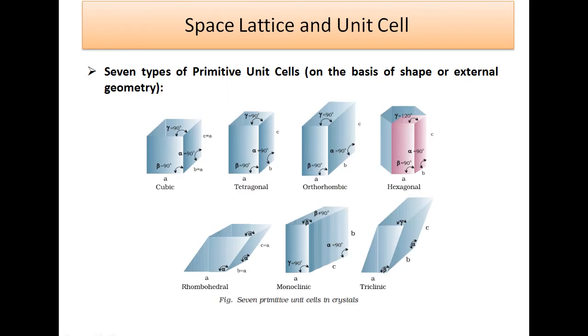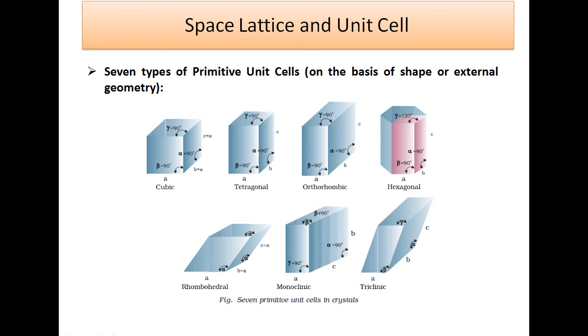Now there are 7 types of primitive unit cells on the basis of shape or external geometry. As we have already discussed the primitive unit cells and centered unit cells, on the basis of shape and geometry we can further categorize these primitive unit cells into 7 types.